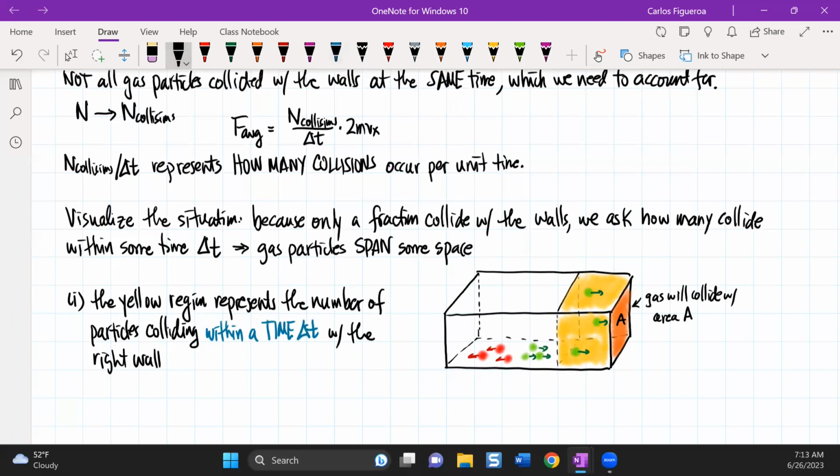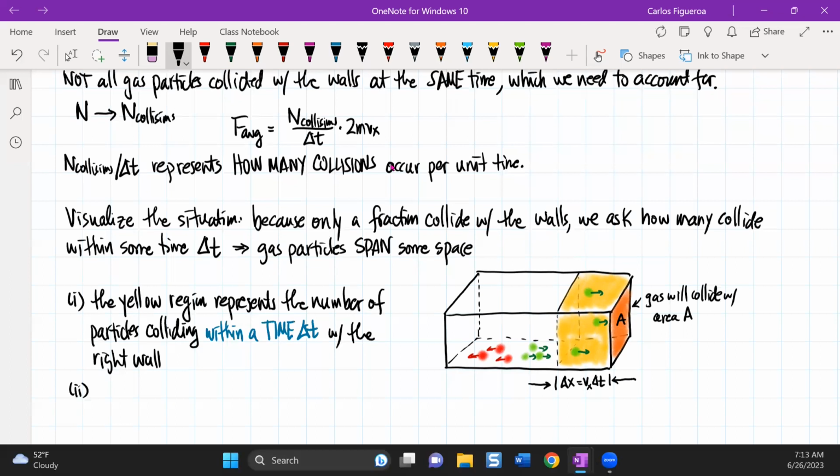Now note that this is an important detail, because this idea of particles spanning a space pops up again. This is the space delta x. And so I'm going to have some speed over that time. It really represents a cube of how these particles are moving to the right and collide within a time delta t.